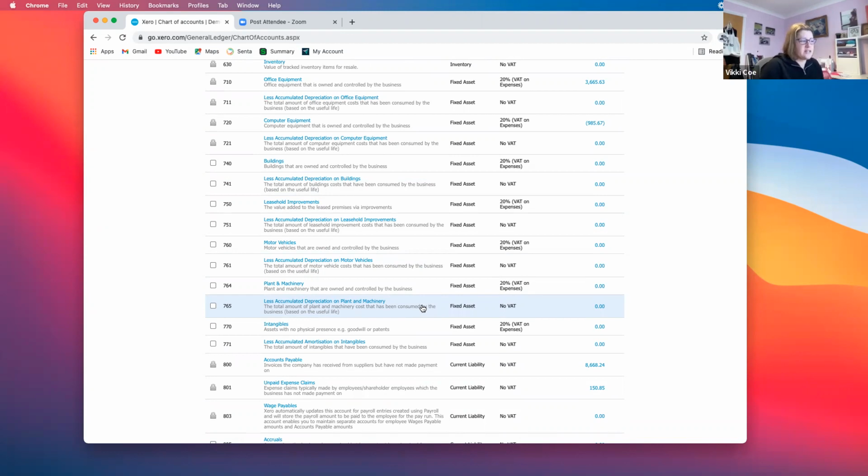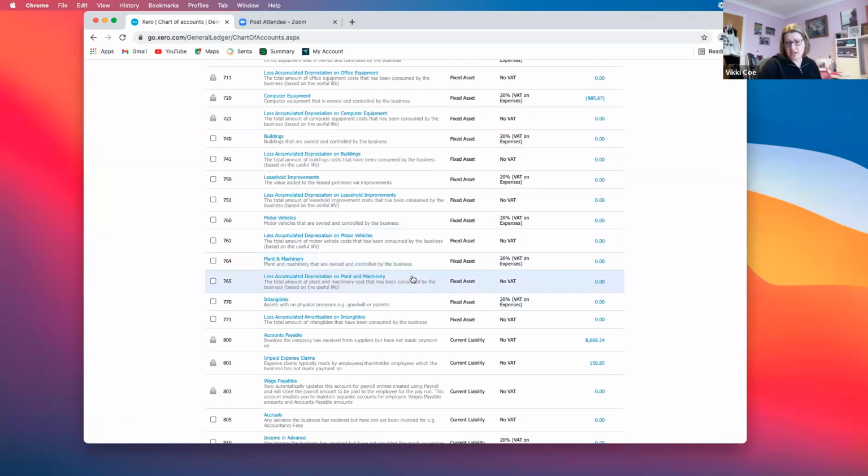We tend to say anything over around £100 that is going to be used in the company to generate sales for longer than 12 months. If you've purchased a vehicle, you'd expect its lifespan within the company to be 3 years, so that would be a fixed asset for 3 years. That falls into here. And then you have the depreciation accounts, which we deal with at year end for you.